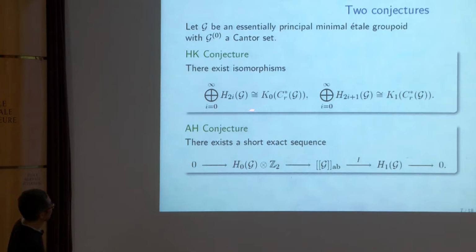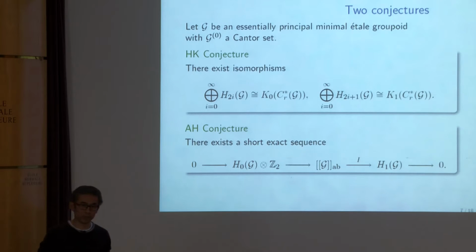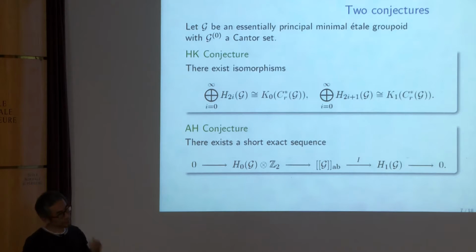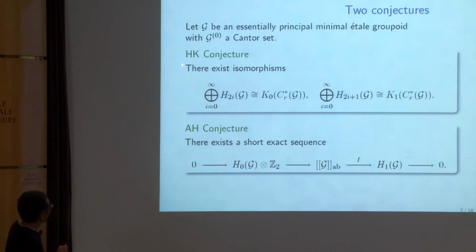Homology groups of the étale groupoids are isomorphic to the K groups of the associated C*-algebras. This is not a theorem, just a conjecture. Okay, and let's call this HK, homology K groups, right?